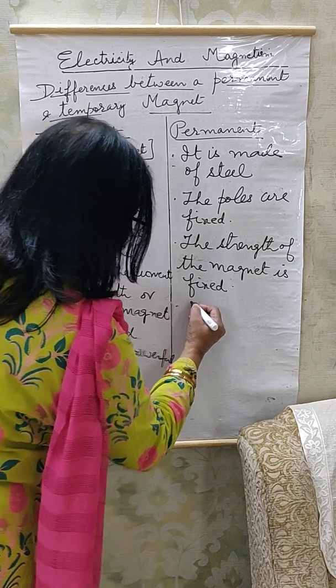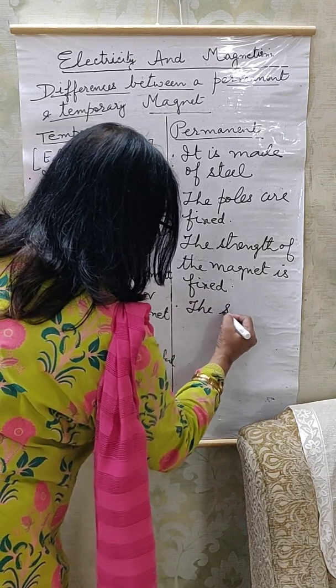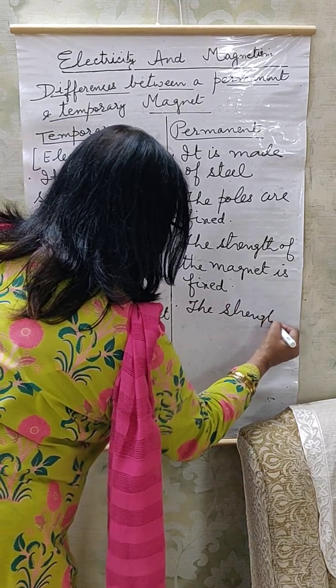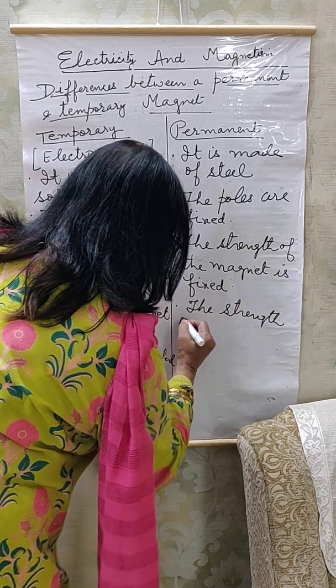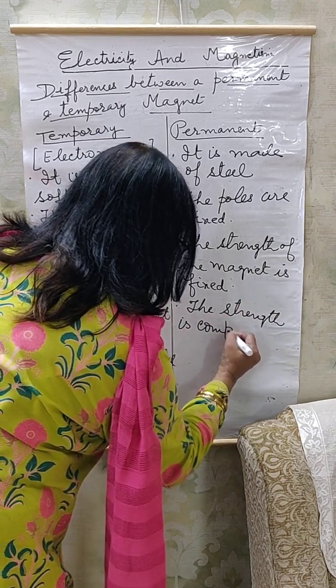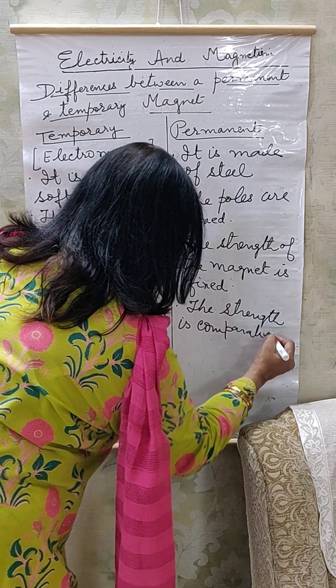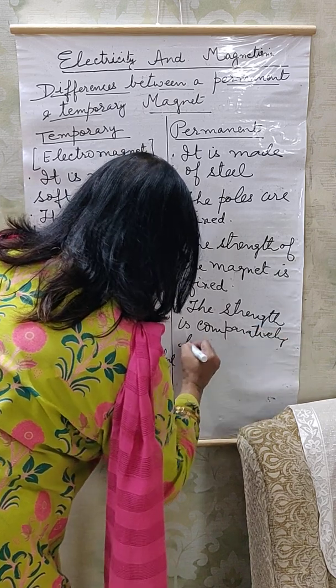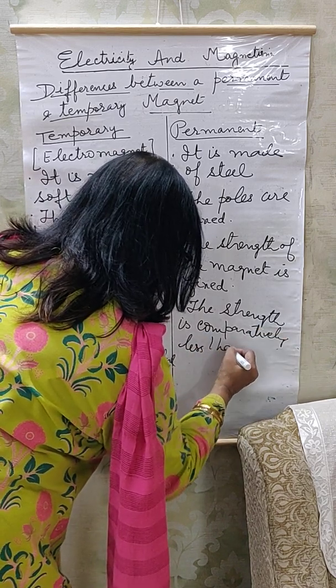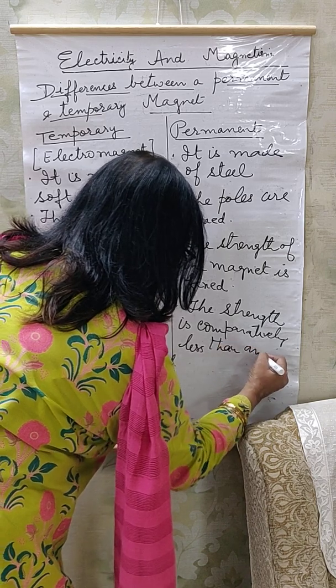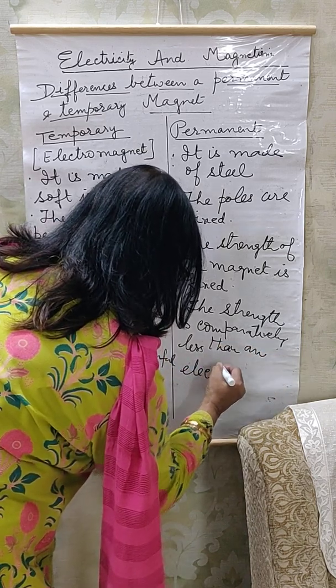While in a permanent magnet, the strength is comparatively less than an electromagnet.